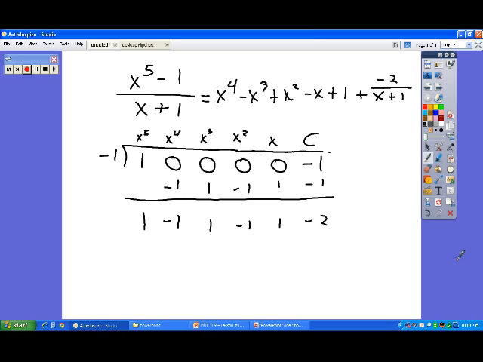So. Remember, don't leave any columns out. You must have those columns in there. Notice what happened. I only had the fifth power and the constant here, but in the quotient I had everything else. And if you don't put those in, you won't get those terms.